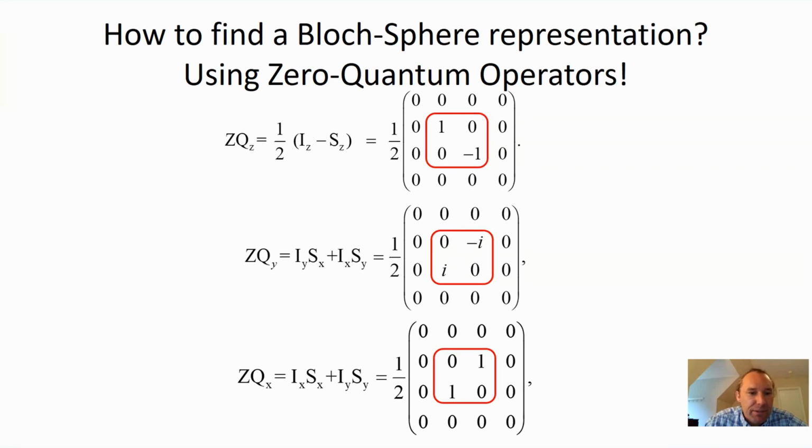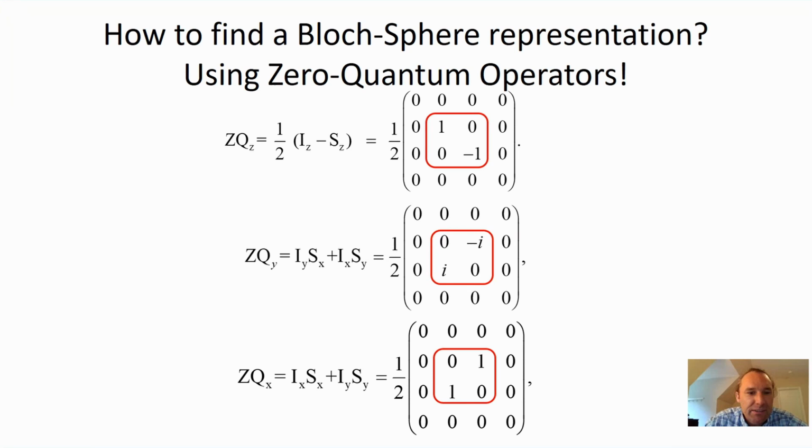There's three typical zero quantum operators: zero quantum Z, zero quantum Y, and zero quantum X. And the first thing I want you to do is pay attention to the things in the red boxes. I hope that you recognize the Pauli spin matrices here. So zero quantum Z looks just like a Z Pauli matrix. Zero quantum Y looks just like a Y Pauli matrix, sigma Y. And zero quantum X looks just like an X Pauli matrix.